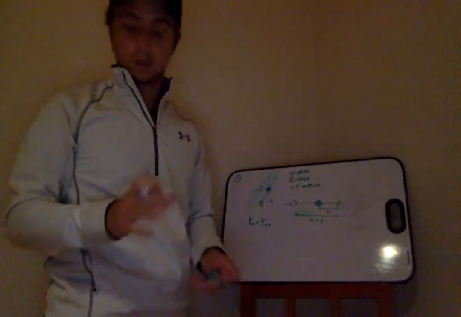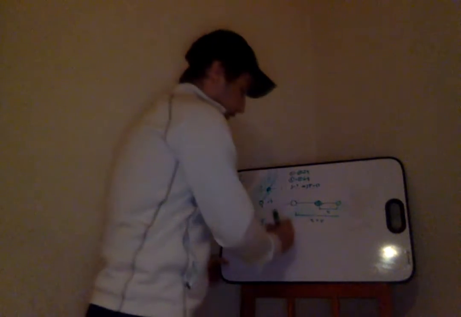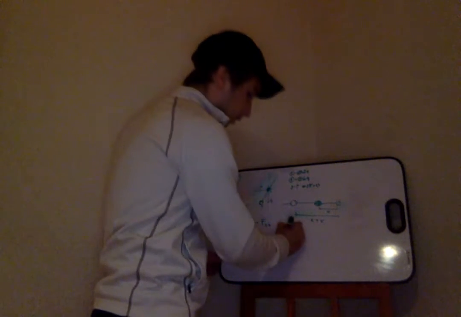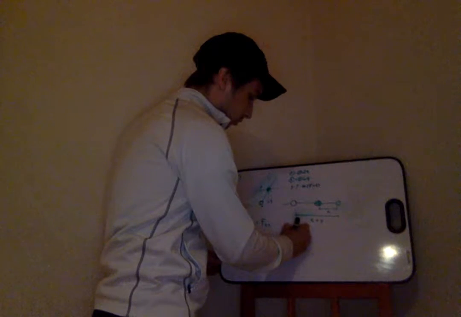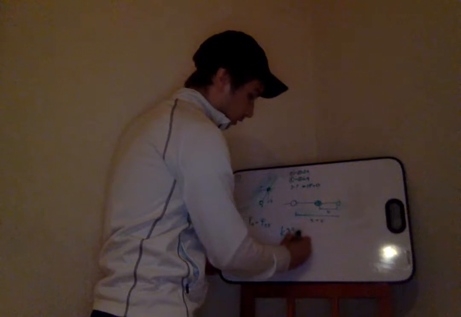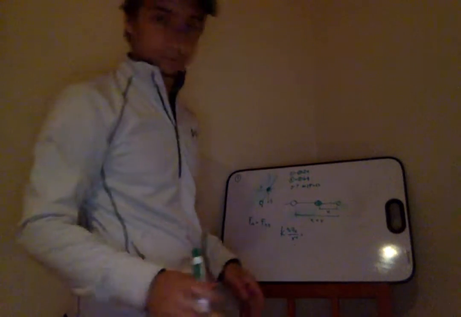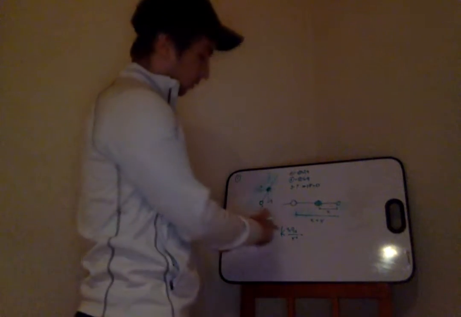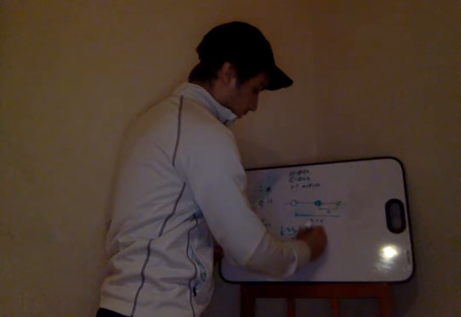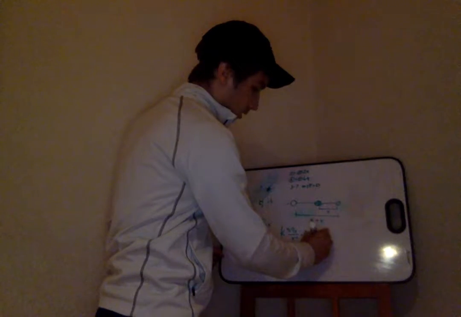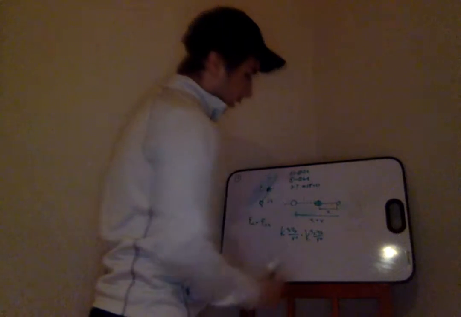And if we remember Coulomb's law, we have k multiplying charge 1 multiplying charge 3 over radius squared, equal to the force from 2 to 3, k Q2 Q3 over radius squared.